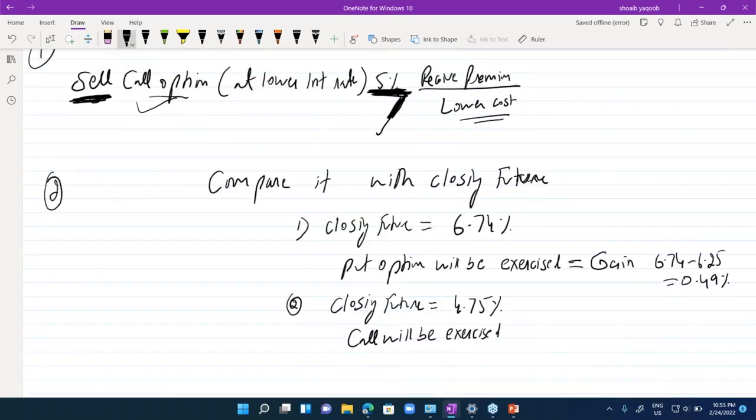So when counterparty will exercise, when counterparty is having the gain, that means we are having the loss. When other party is exercising, that means other party will have a gain, and we have a loss.